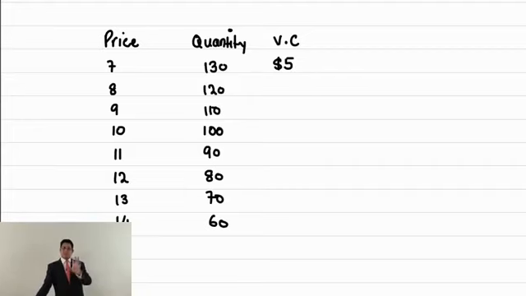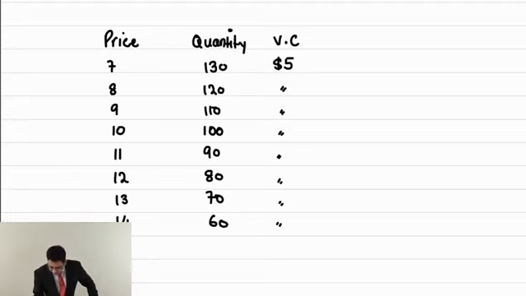I'm just assuming a simple figure you wouldn't even need calculators for. Variable cost is 5 regardless of what price we set, because the value of materials and labor will not change. Let's assume it is constant. Now let's calculate total contribution at each level.